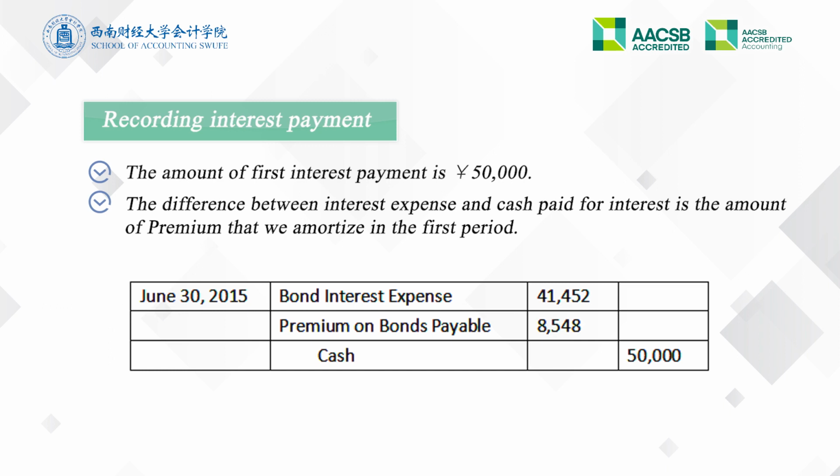June 30th, 2015. Debit bond interest expense 41,452 yuan. Debit premium on bonds payable 8,548 yuan. Credit cash 50,000 yuan.